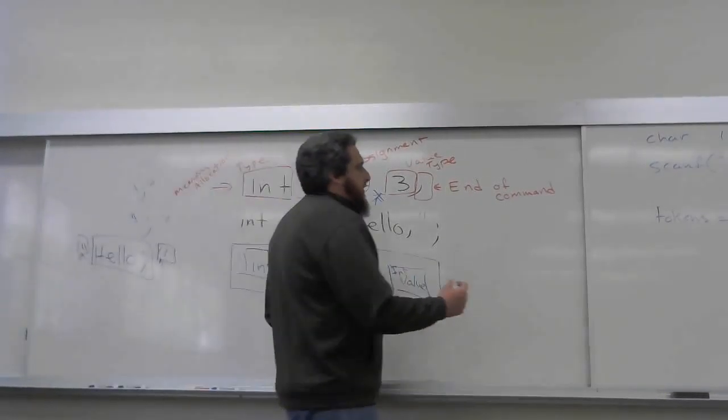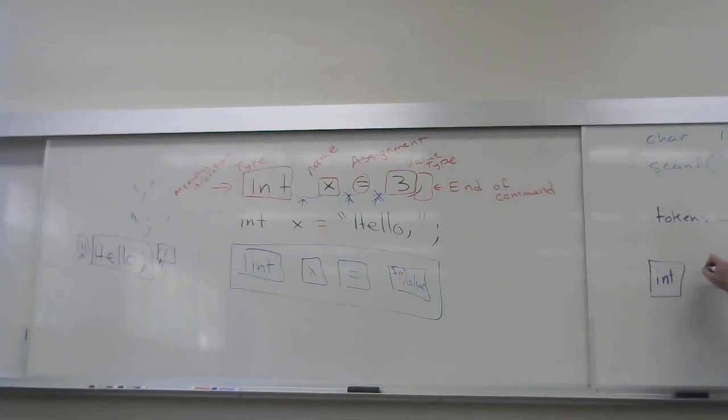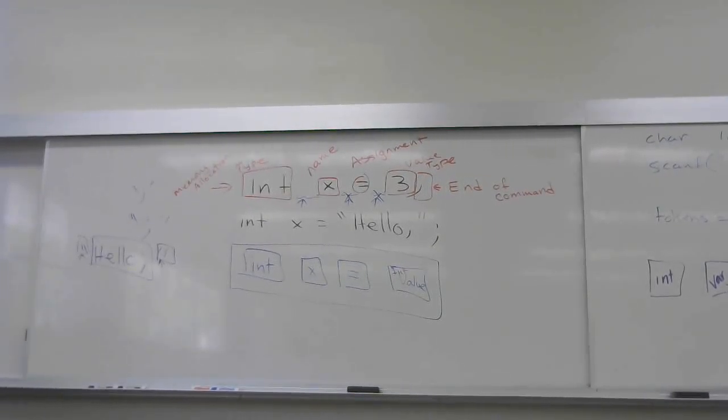We would get int, we get the box for the int, we get the box for the variable. So instead of x here, I'm going to put variable x. We have the assignment operator. So instead of the equal sign, I'm going to call this an operator, operator equal sign. Like so.